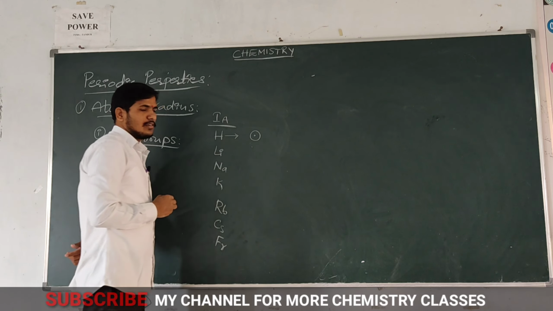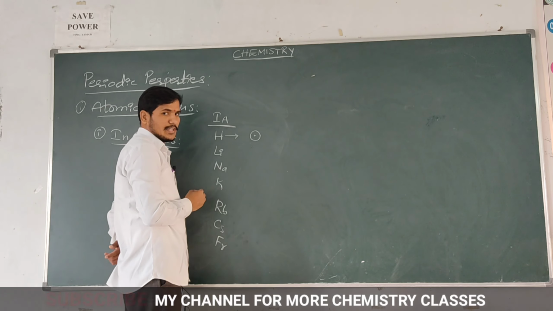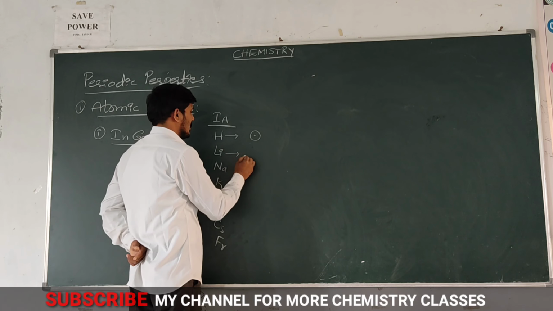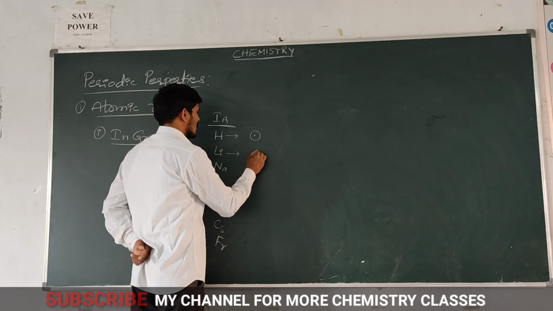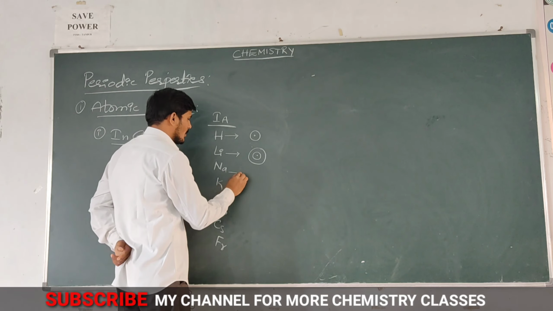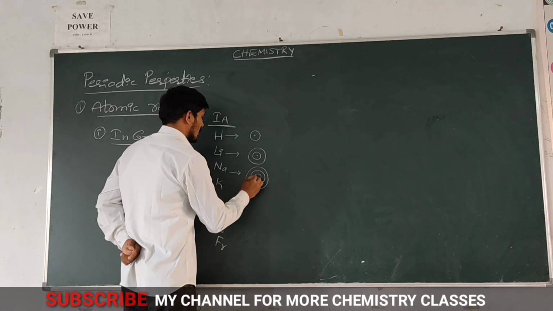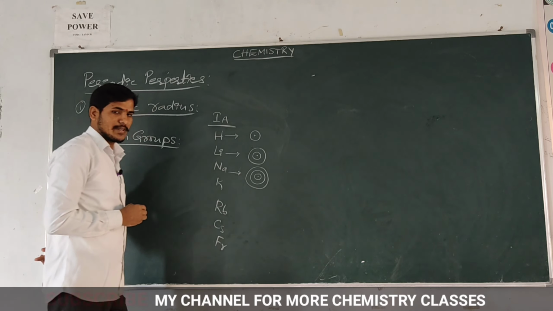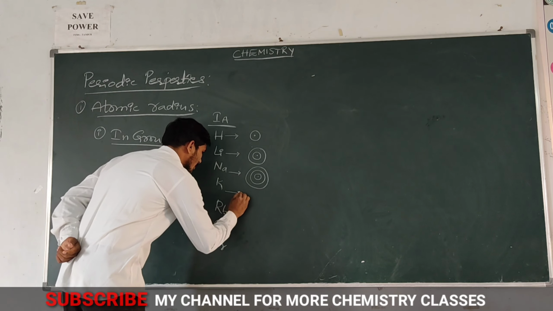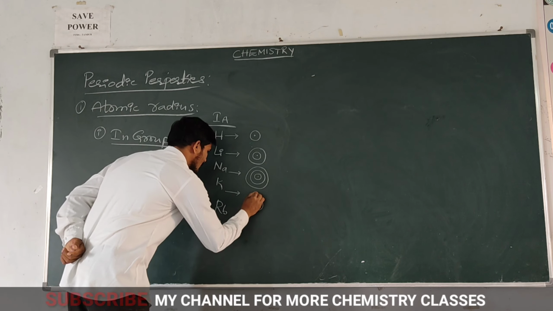Only one shell is present around the nucleus in hydrogen. In lithium, two shells are present around the nucleus. In sodium, three shells are present. In potassium, four shells are present around the nucleus.